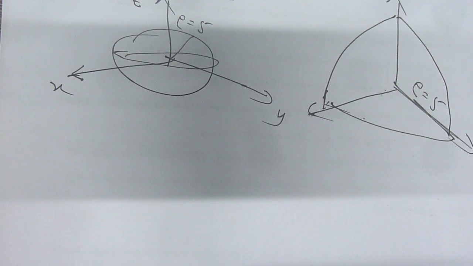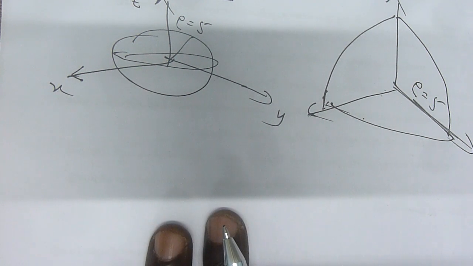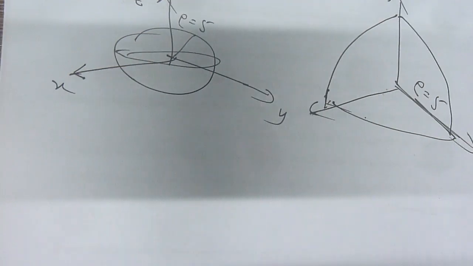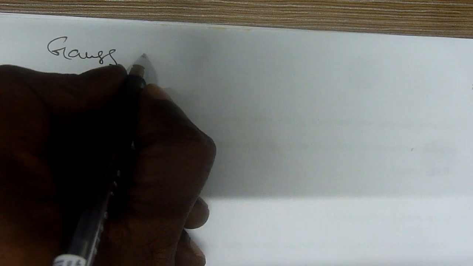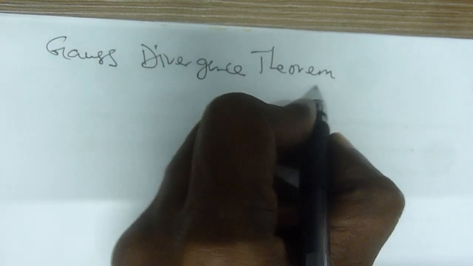Other than that, the first is the Gauss theorem. Let me start by defining what the Gauss definition is. The Gauss divergence theorem is a theorem, you know.